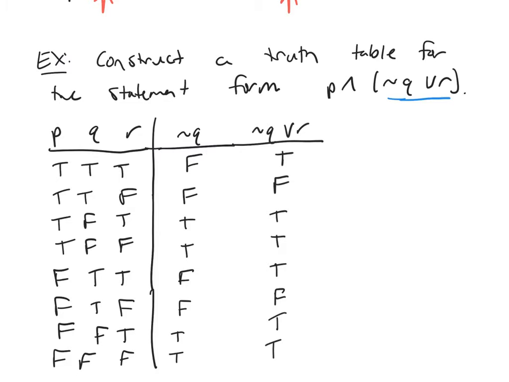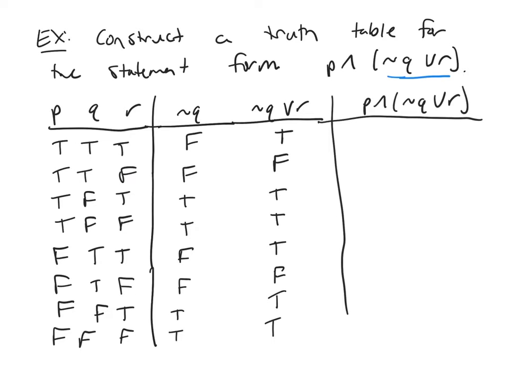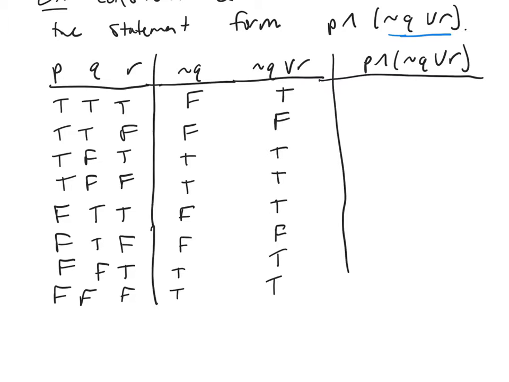And then we can make our final column in our truth table, which is P and (not Q or R). So you're going to look at the P column, very first column, and the not Q or R column, and then you're doing an and between them.